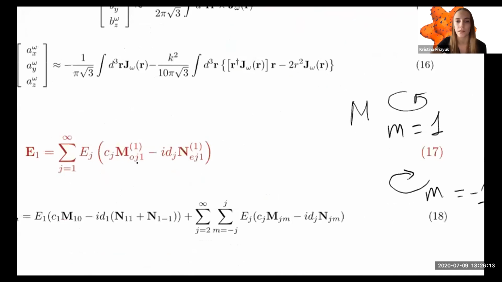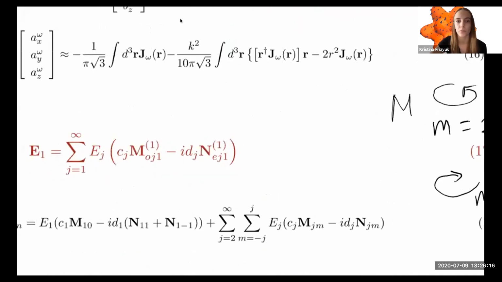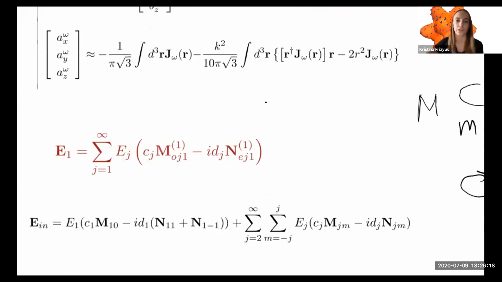Okay, and then we move to the Mie scattering. And I would like to remind you that the field inside the sphere can be, as well as the plane wave, as well as the scattered field outside the sphere, again for an x-polarized plane wave incident along Z. In this case, the field inside the sphere looks like this.